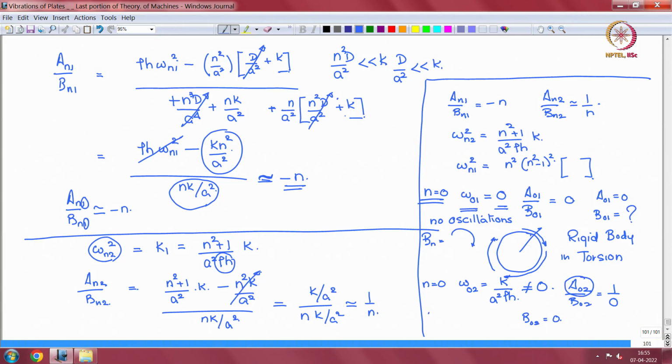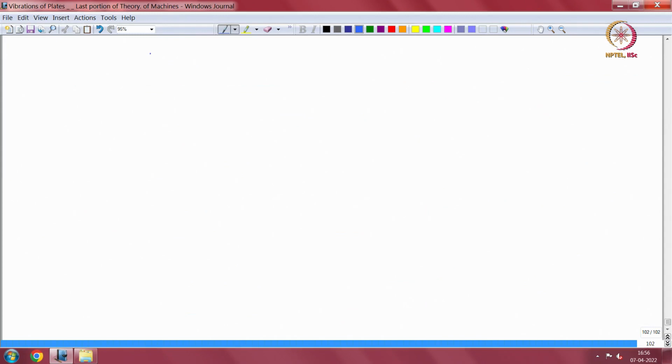And what are the a n modes? They represent the radial movement. So, now what do I have? I have oscillations, and I have pure radial motion. I have pure back and forth radial motion.